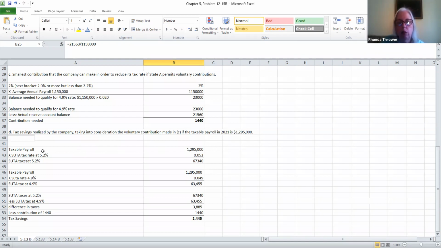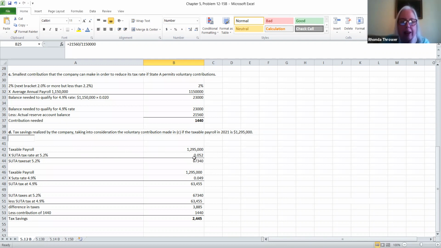So basically what you do is you take the taxable payroll for 2021 and multiply that by the SUTA tax rate at 5.2%. That's where you were before you made the contribution.